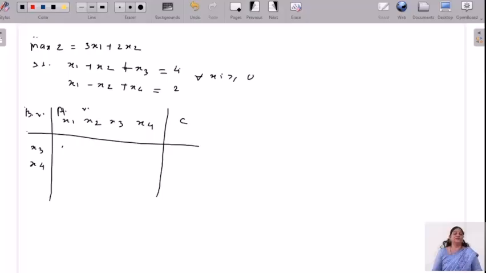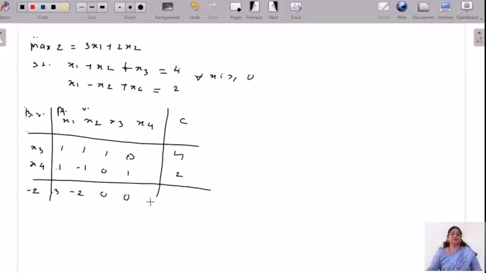The coefficients are 1, 1, 1, 0, and the right hand side constant is 4. Next is 1, minus 1, 0, 1, and the right hand side constant is 2. Then minus z: minus 3 and minus 2, 0, 0.